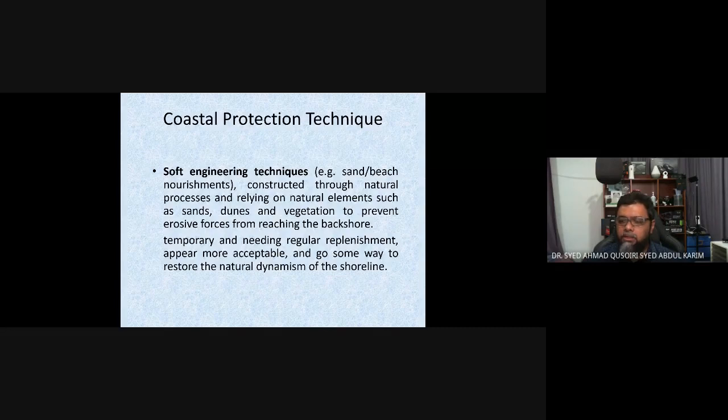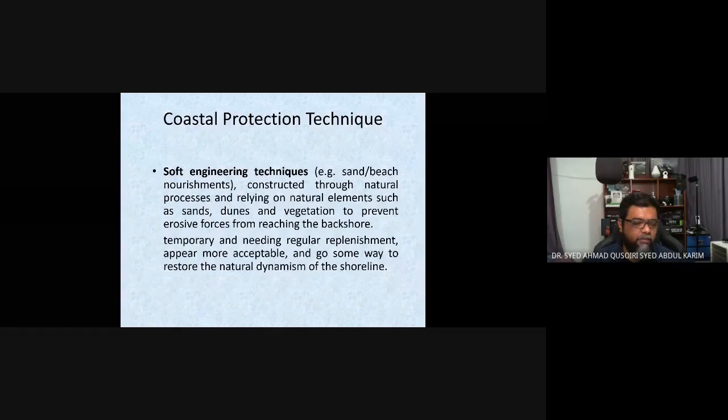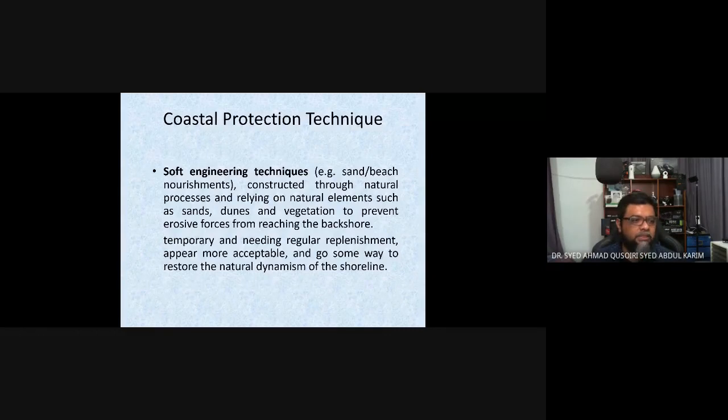Temporary measures needing regular replenishment appear to be more acceptable and go some way to restore the natural dynamism of the shoreline. So this is more of a naturalistic approach to protect the coast. Okay? So they just replenish the beach that has been eroded, okay, with new materials. They also plant new vegetation.